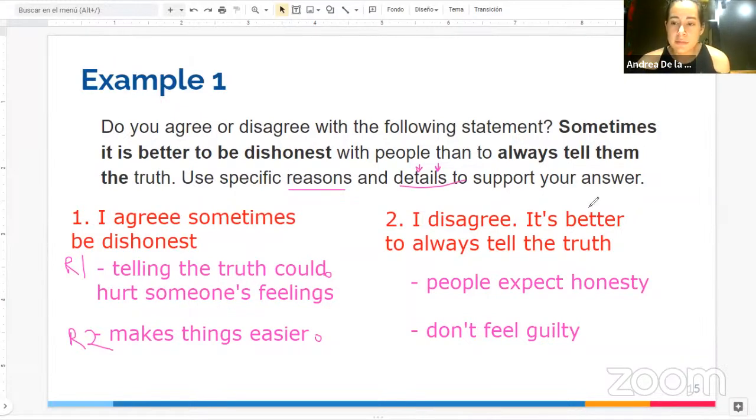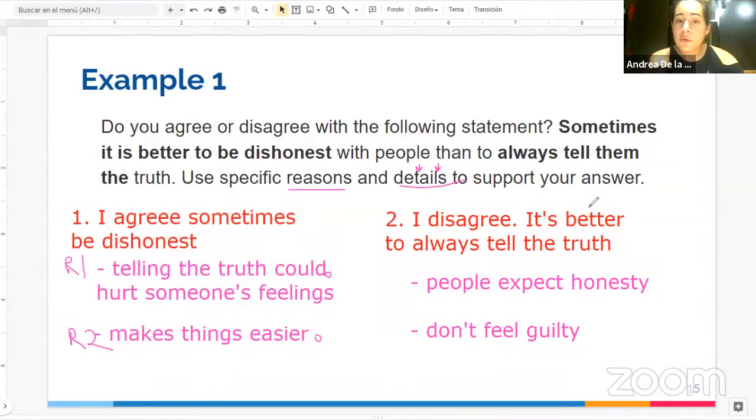What do you guys think? One or two? Oh, nice.